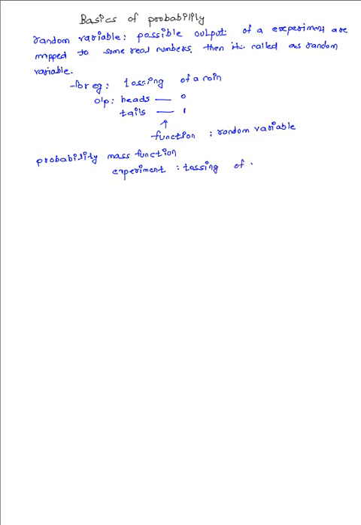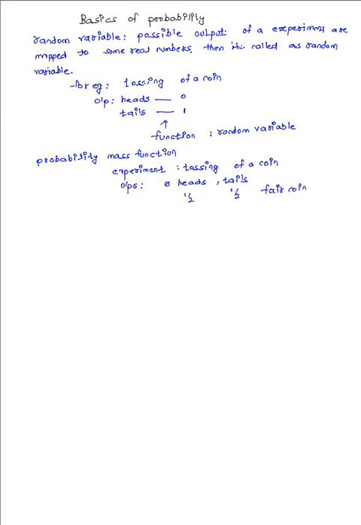The experiment is tossing of a coin, and the outputs are: it can be heads, it can be tails. The probability of occurrence of heads is half. The probability of occurrence of tails is half for a fair coin, right?